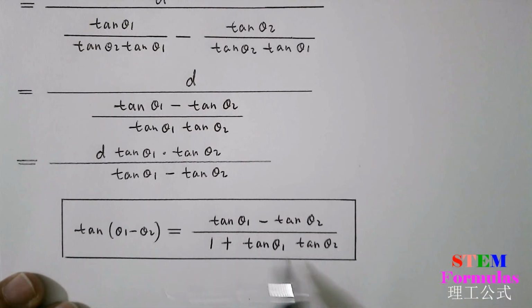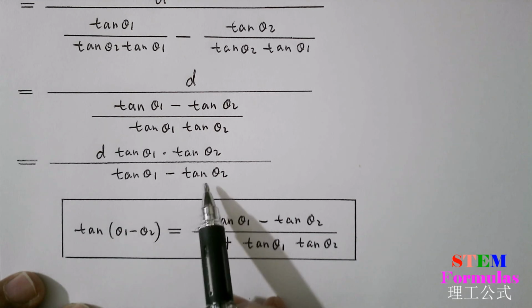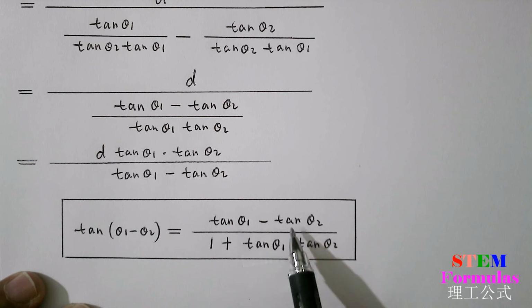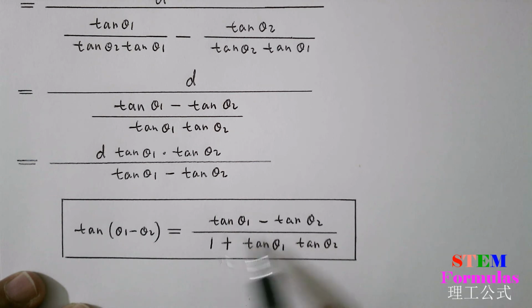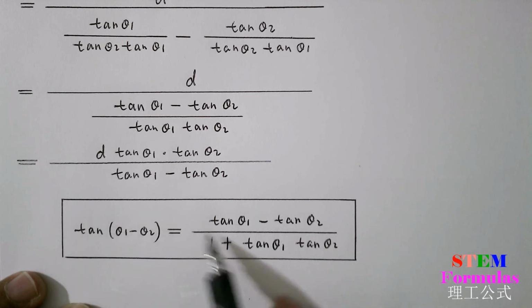This formula I need to use. You see, tangent theta 1 minus tangent theta 2 appears here. So therefore, tangent theta 1 minus tangent theta 2 equals this term times the bottom term.